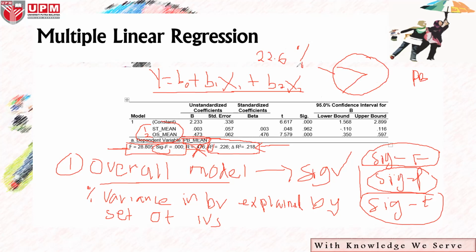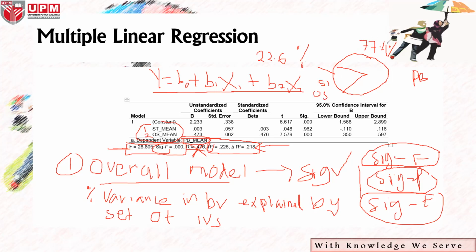Where's the rest of it? 77.4, right? Dua ni diterangkan oleh social trust and organizational support.